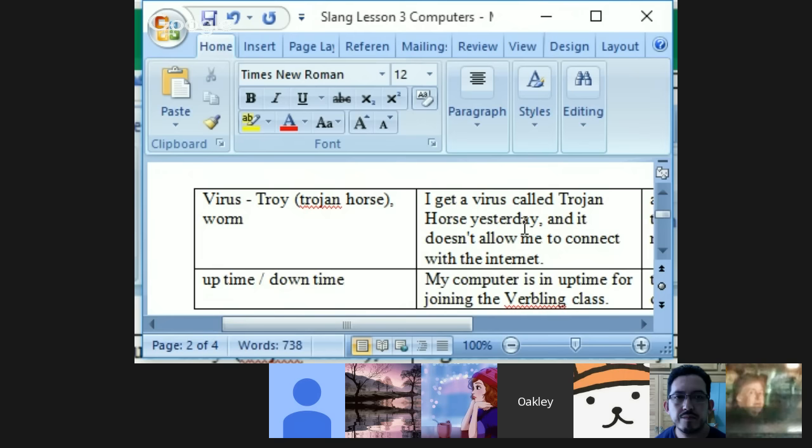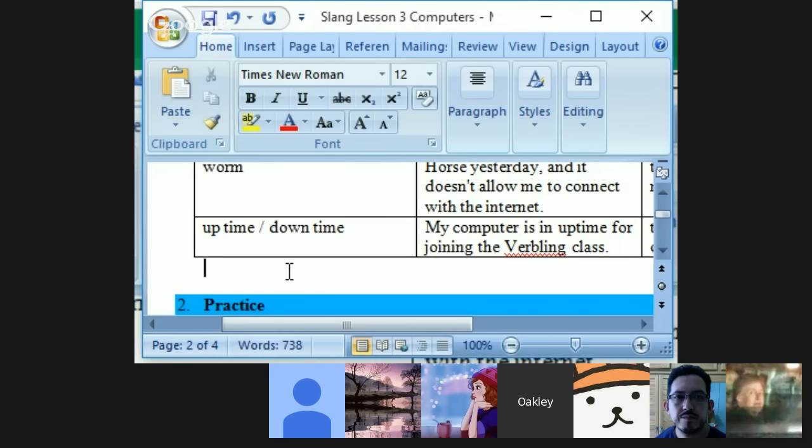Okay. Very good. Now, before we practice what we have learned, because I'm really not a geek, not at all, I was wondering if anybody else in class could think of any other computer-related slang which I have missed on my worksheet here.